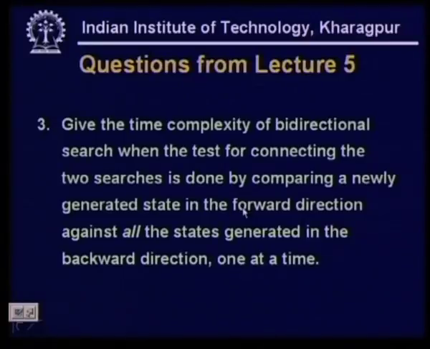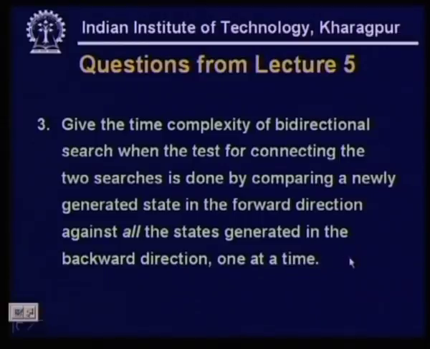Third question, you have to find the time complexity of bidirectional search, assuming that the test for connecting the 2 searches is done by comparing a newly generated state in the forward direction against all the states generated in the backward direction one at a time.